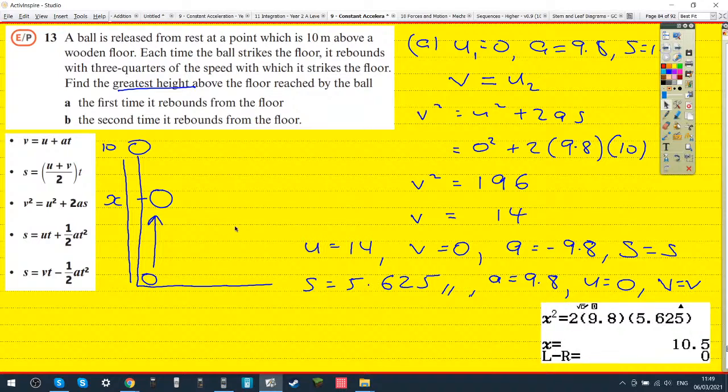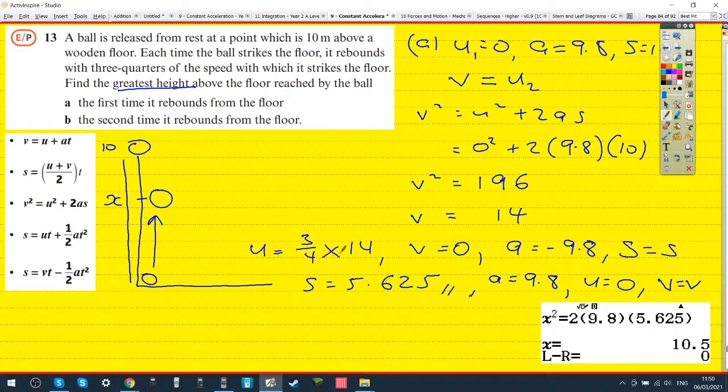10.5 is now U. We thought it was 14 the last time, but what was it actually? Oh, it was 3/4.